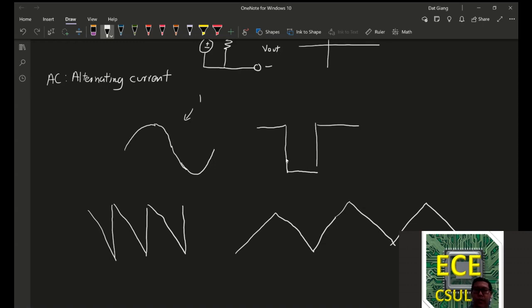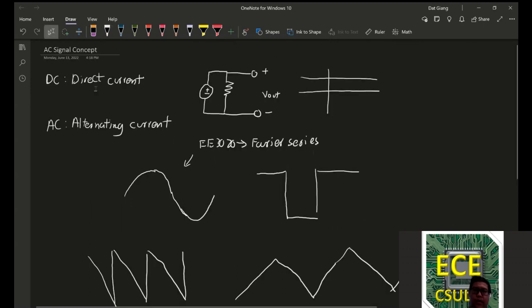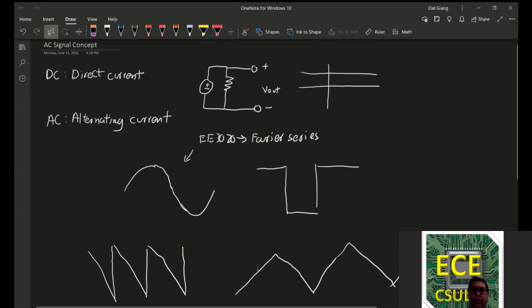That's the concept of Fourier. In EE3020, you'll hear the term Fourier series, which describes how to make these waves using a bunch of sinusoidals. So that's the idea of alternating current.